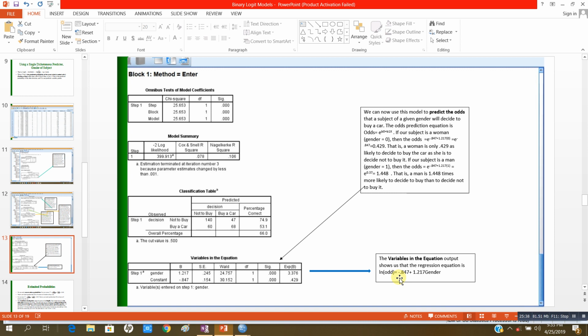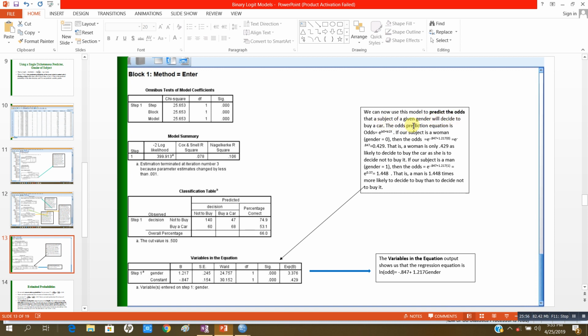We can now use this model to predict the odds that a subject of a given gender will decide to buy a car. The odds prediction equation is odds equal to e raised to the power b0 plus b1 x.